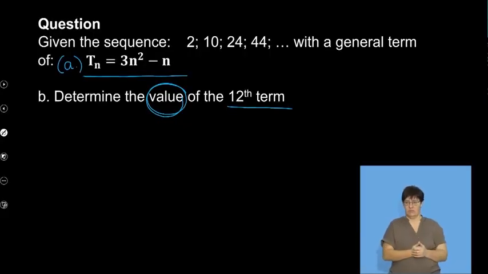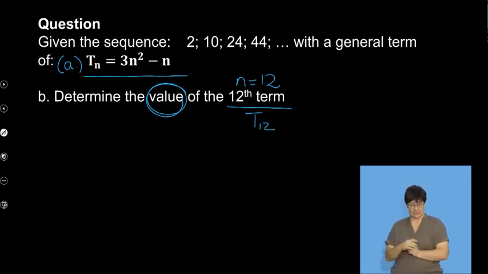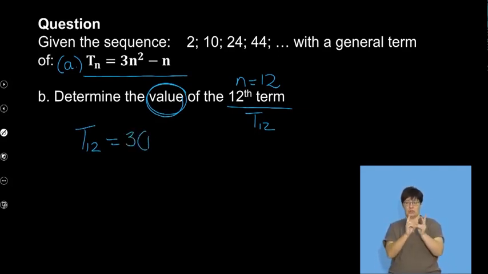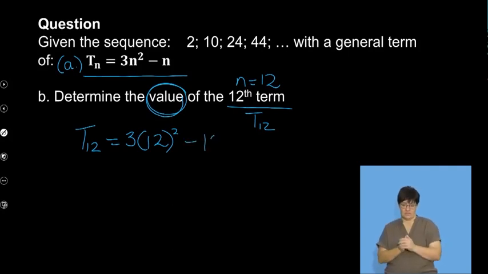So we are going to substitute in n is equal to 12 because I want T12. I want to know what the value of T12 is. So T12 will be equal to 3 times 12 squared minus 12. So all that I've done is I've substituted in 12 for n.